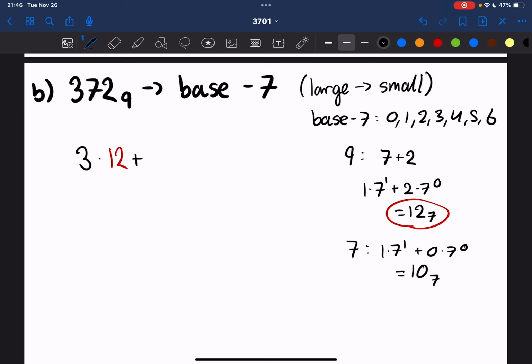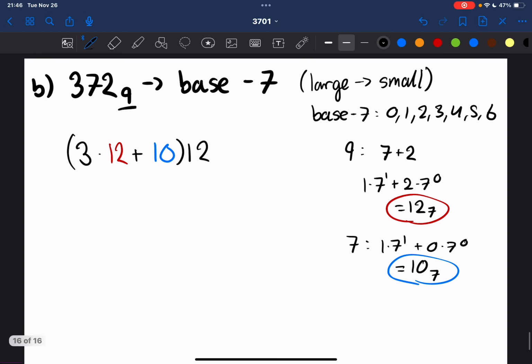So I guess I'll just circle it here, plus 10. All right, so that's what we have to do. And then multiply by the base, which, again, we're still working in base 9 right now, but it's not base 9, it's base 12, which is, I think, a little bit confusing, but it comes from this part here.